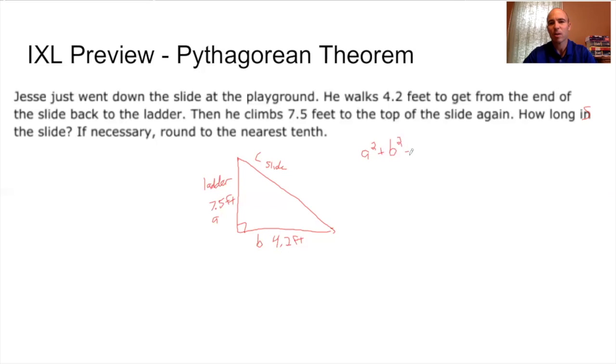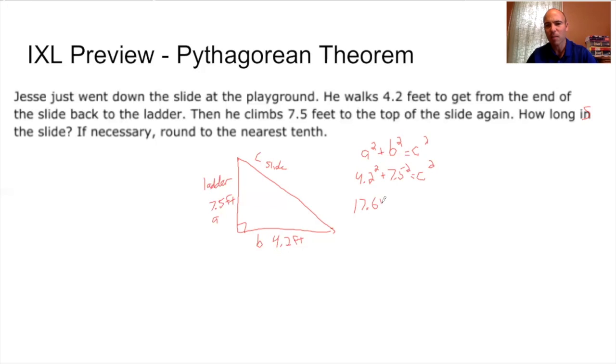Okay, so here we go. What we've got is 4.2 squared plus 7.5 squared equals c squared. At this point, I think you guys know how to solve it, right? 4.2 squared is 17.64. But you know what? If you know how to solve it, you're probably fast forwarding the video anyway.